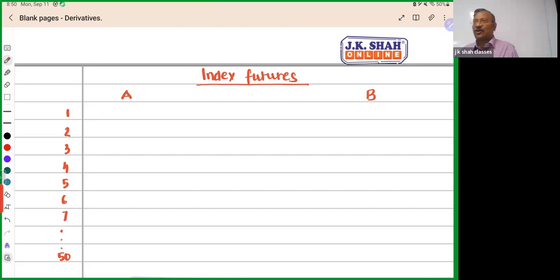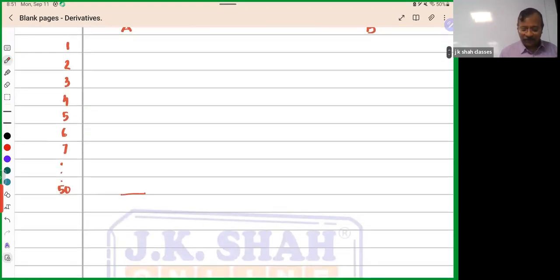Meaning, if Reliance has got a weightage of 10% in Nifty, then remember Mr. A wants to invest 10 lakh rupees. 10% of 10 lakhs, 1 lakh rupees worth of Reliance he will buy. So in the same way, he will construct the portfolio, right? Today worth 10 lakhs.